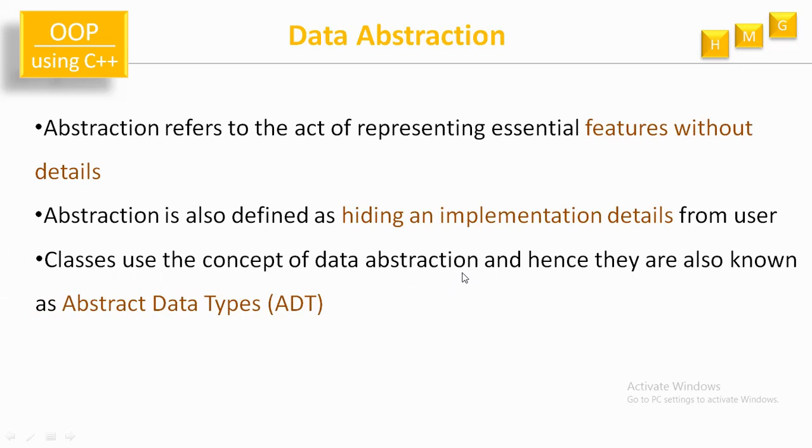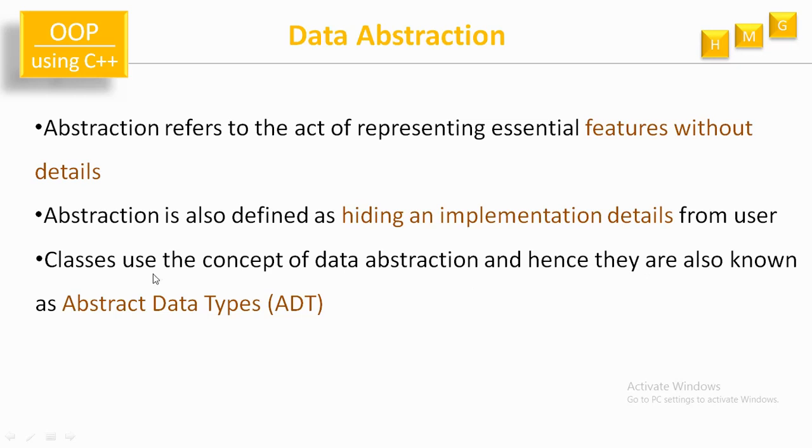So when you define the class, there is data and functions operating on it. At the time of defining a class, there is no implementation at all. The details are not there, and hence the concept of data abstraction is implemented in terms of class.